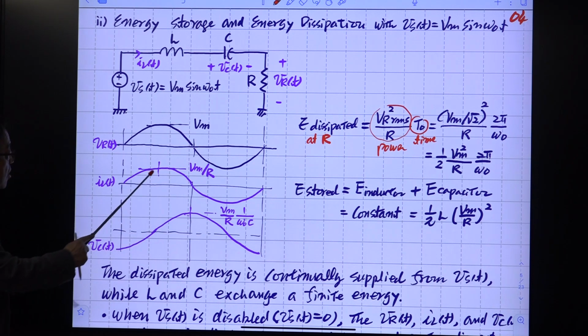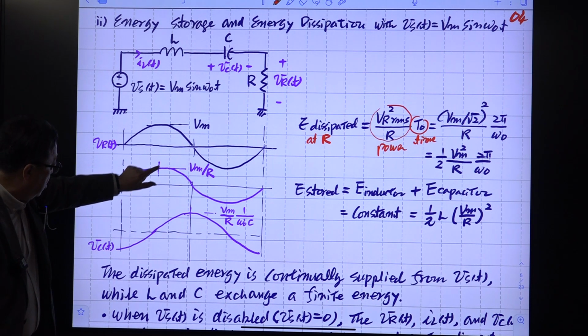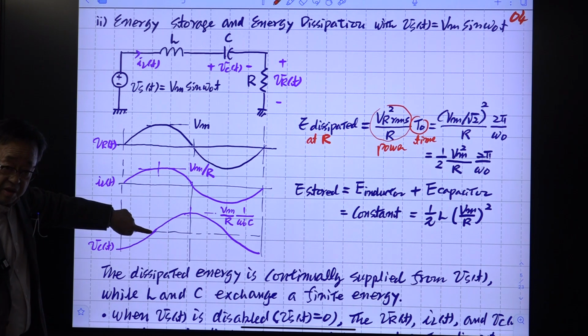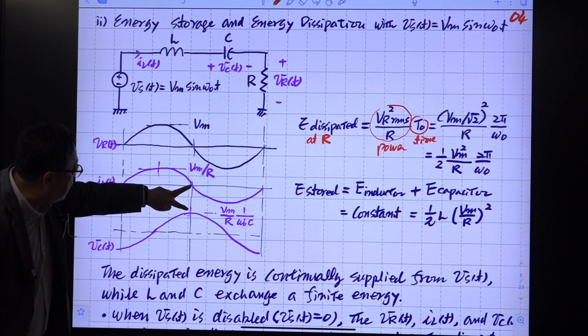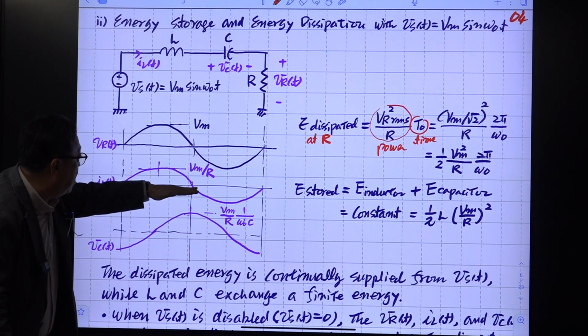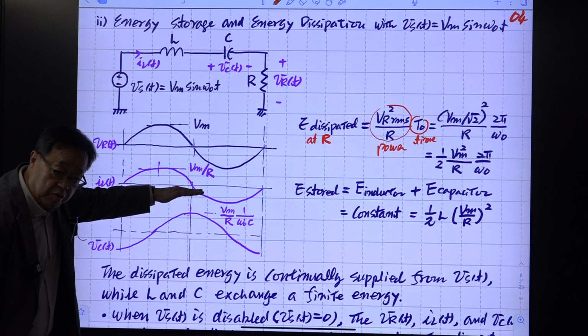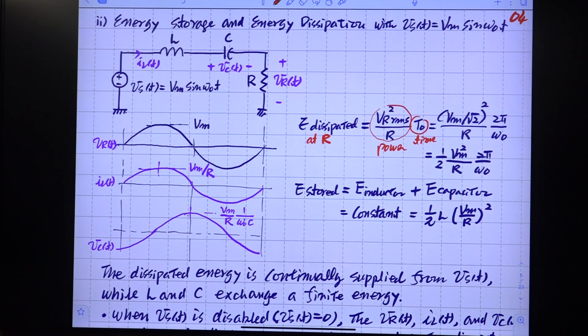At this point, the inductor is storing the maximum energy and the capacitor is storing no energy. The other way around, at this point the capacitor is storing maximum energy and the inductor has no energy stored. So the sum of these two energies is constant.